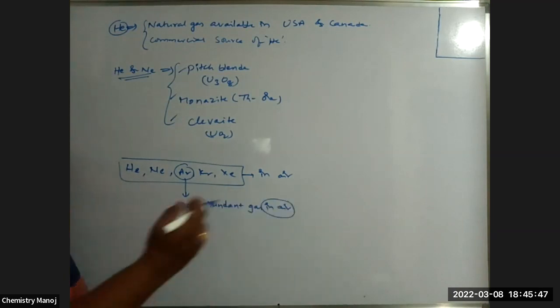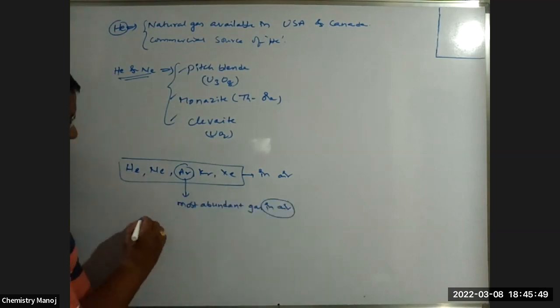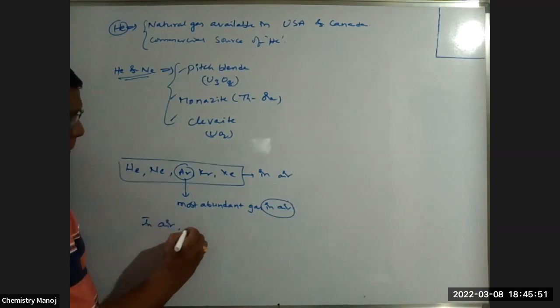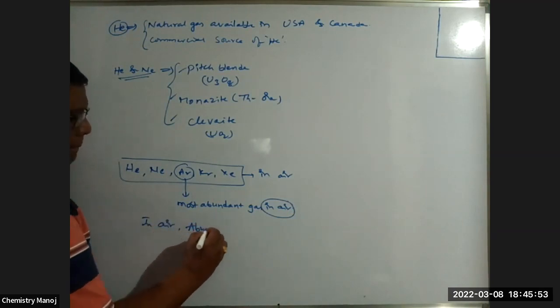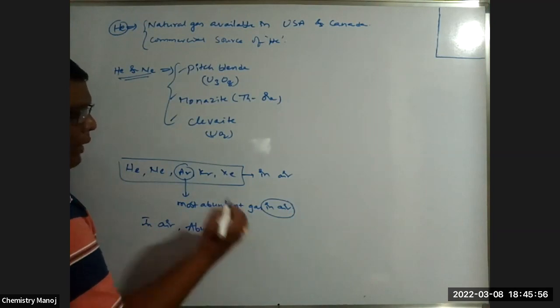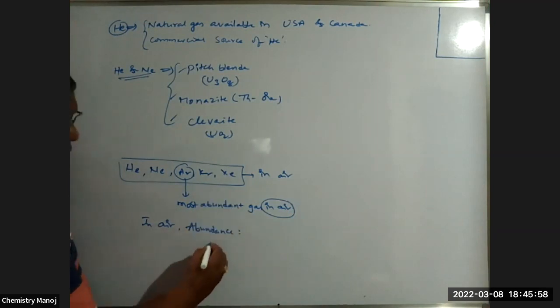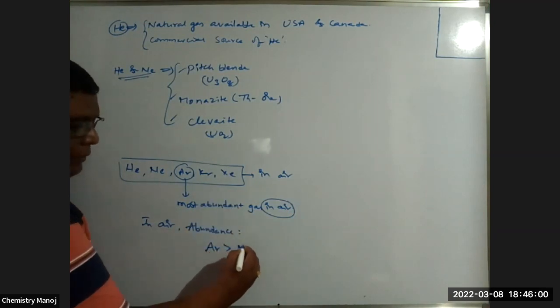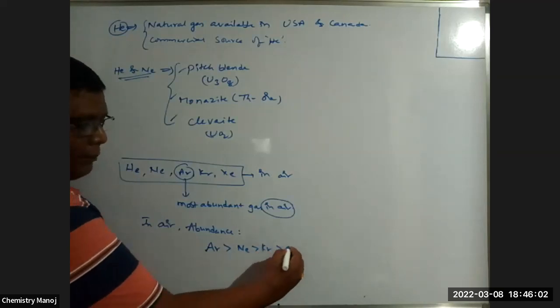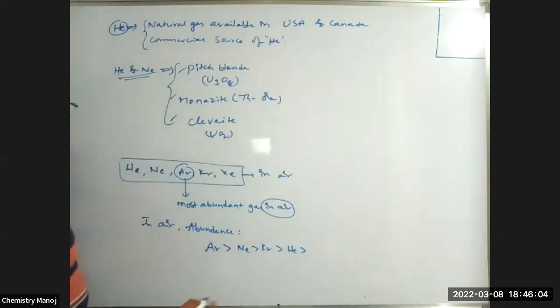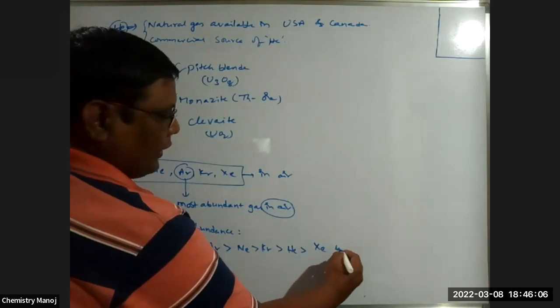Now, in air, what is the abundance of these gases? By volume: argon greater than neon greater than krypton greater than helium greater than xenon.